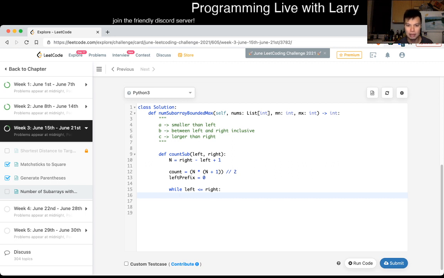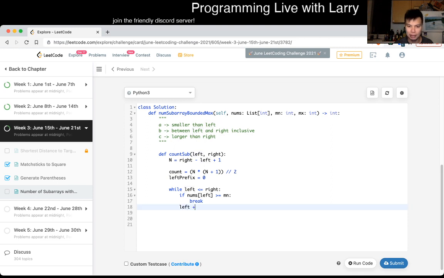yeah, if num sub left is greater than max, then we break. Otherwise, whoops. If this is smaller than min, then we continue. So if this is greater than we break, right?